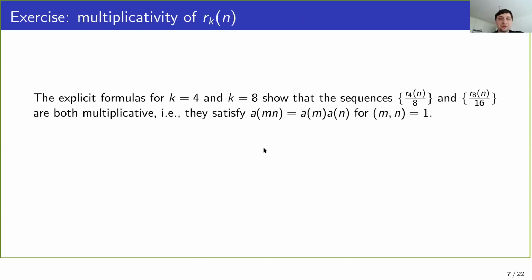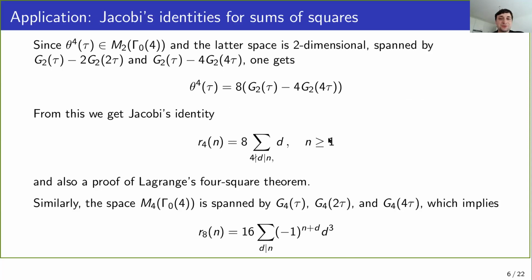Okay, so there's an interesting thing going on here. If you look a little bit at these two formulas, if you scale R4 of n in such a way that R4 of 1 is 1, by dividing by 8, and divide R8 of n by 16, so that again it's 1, then you get something which is more or less a Dirichlet convolution.